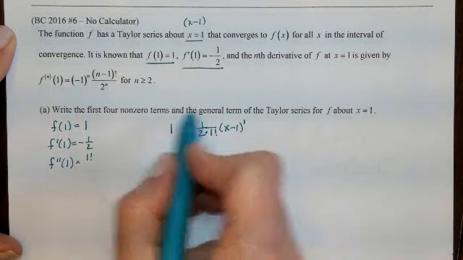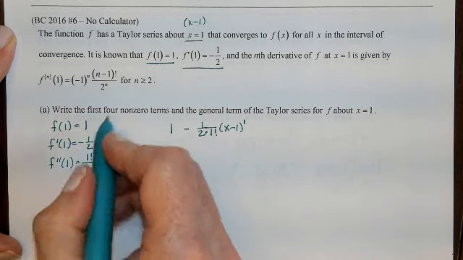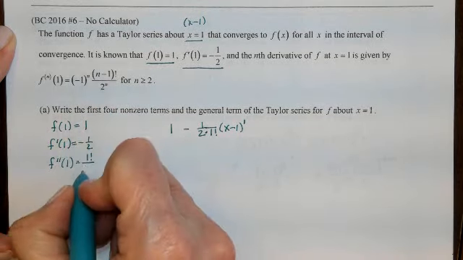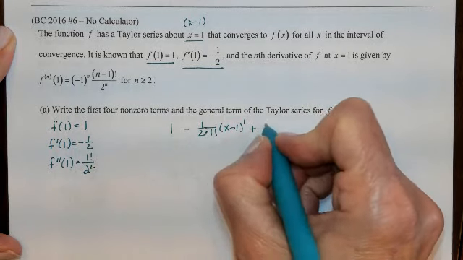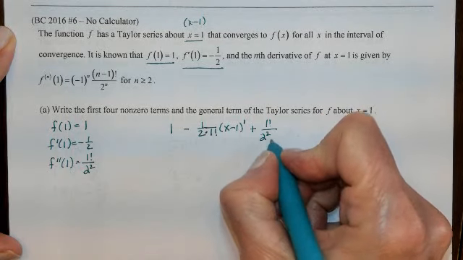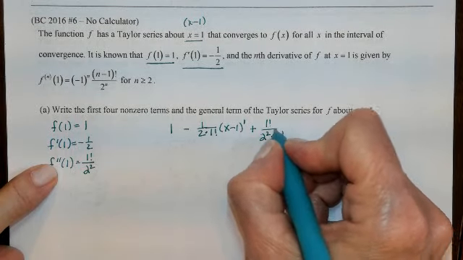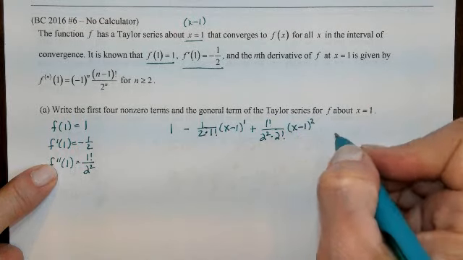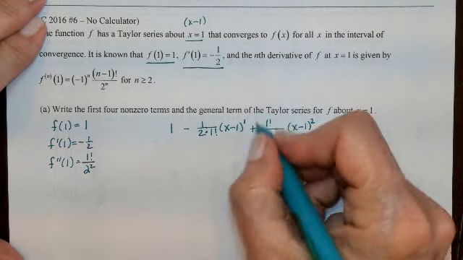I need to write the general term, so keep your factorials for right now. And then 2 to the second, right? 2 squared. So my next term will be positive 1 factorial over 2 squared. It's the second derivative term, so I need to divide by 2 factorial and then multiply by x minus 1 to the second. And that will be my third non-zero term.